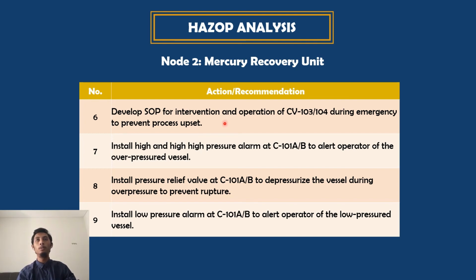Develop SOP for intervention and operation during emergency, which means that the company needs to develop a standard operating procedure to manually close or open the valve during emergency, and then to install high and high pressure alarm, install PRV, and then install low pressure alarm.